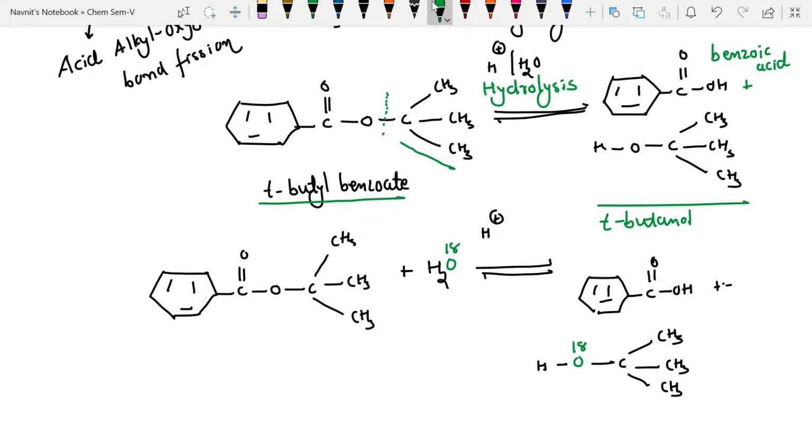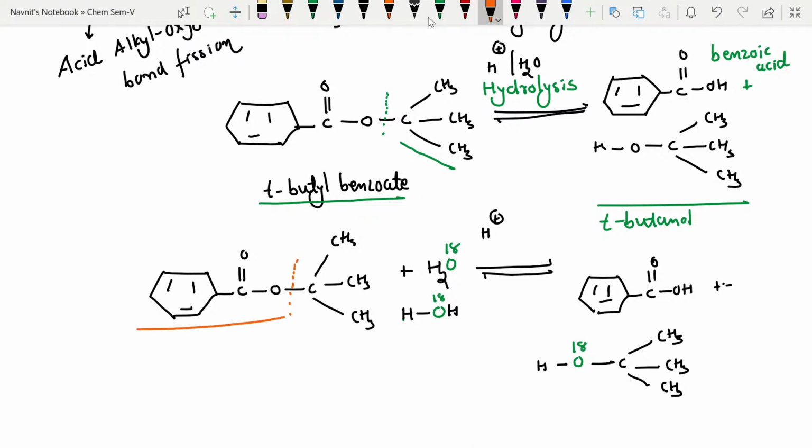So what happened here? I write the water molecule in this fashion, with the labeled oxygen in a different color so you are aware. During this hydrolysis, the alkyl oxygen bond breaks.